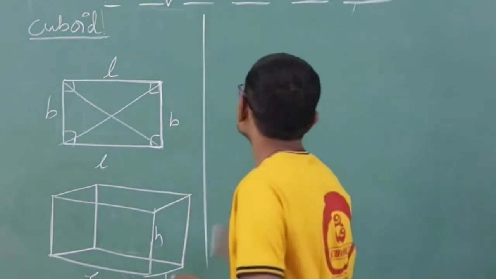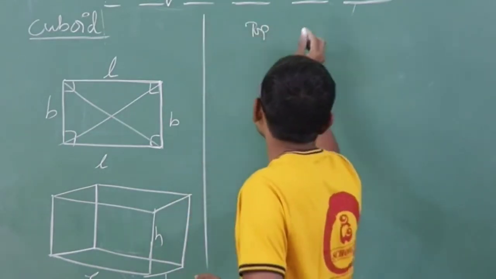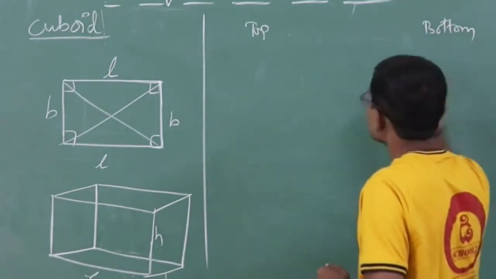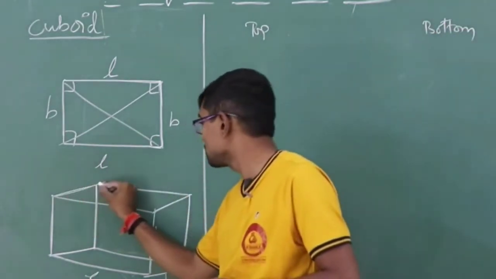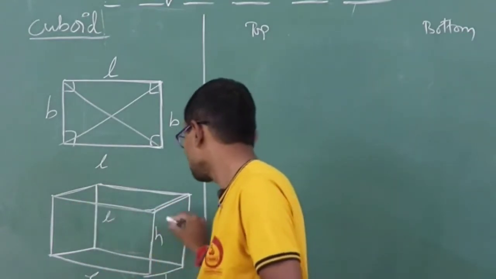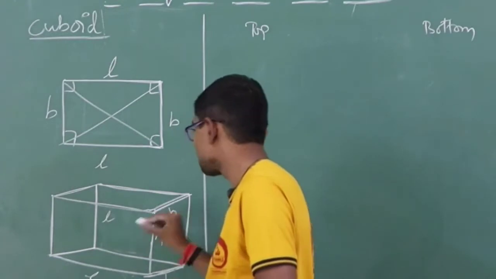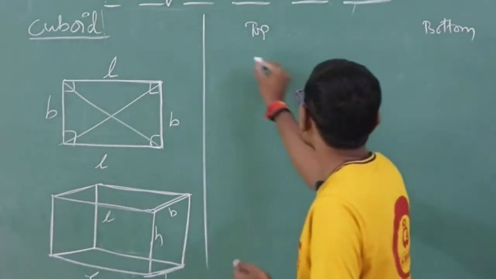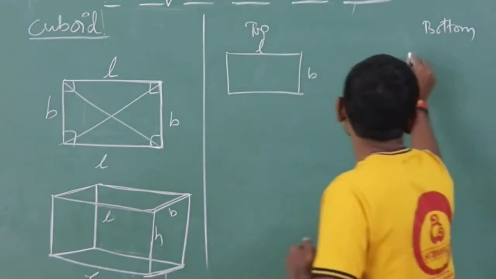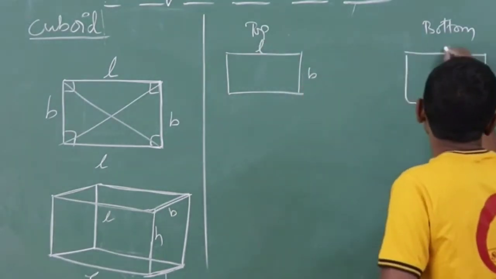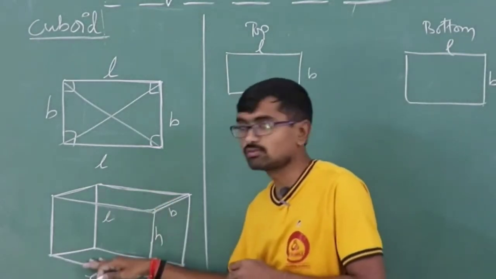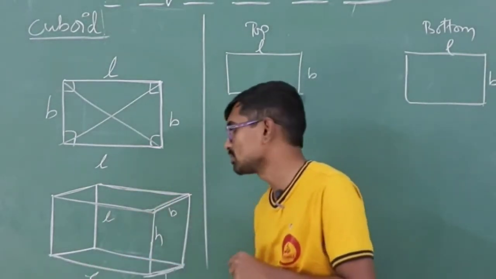First, top and bottom. In the top, the dimensions are length and breadth. The bottom is also length and breadth. Top and bottom have the same dimensions.